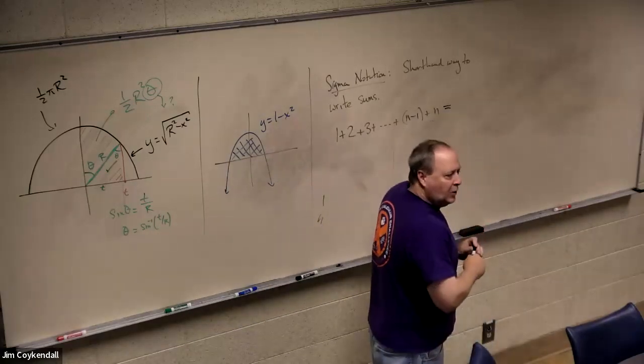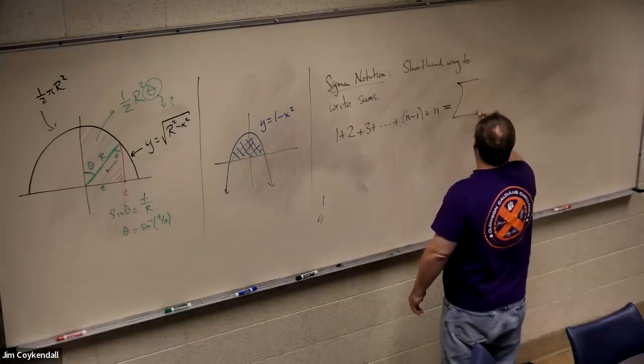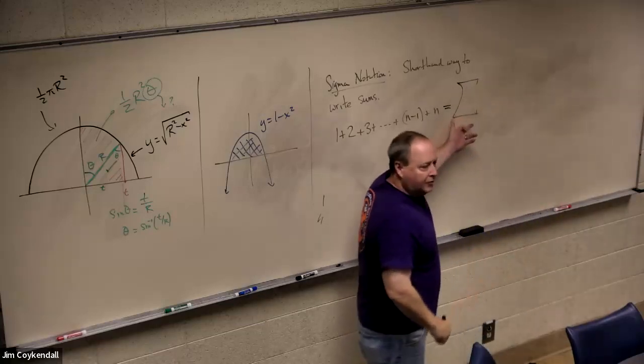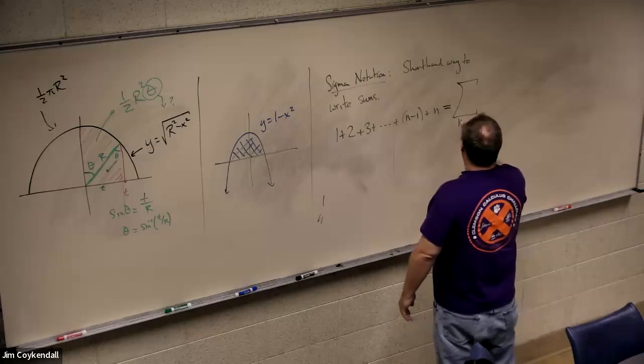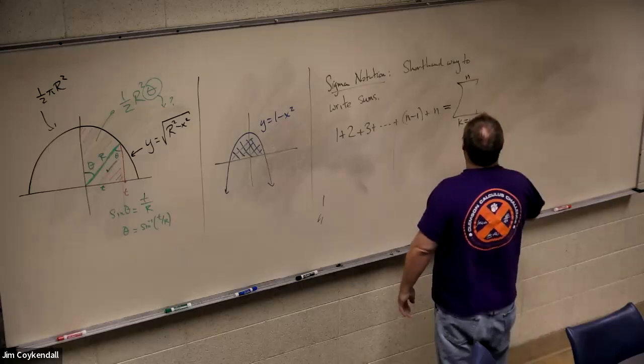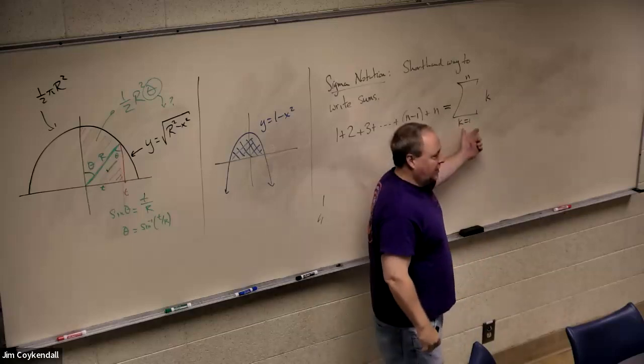Well, if you're thinking of factorial, not multiply. This is the capital sigma in Greek, sigma for sum. Think of this as a little counter.